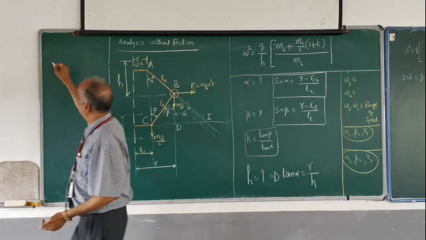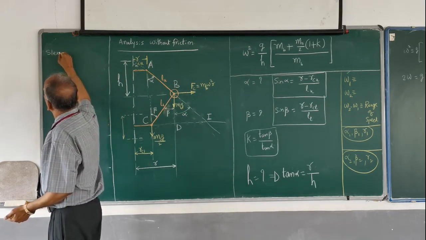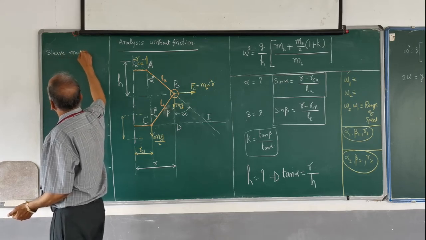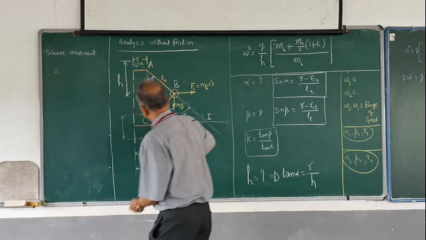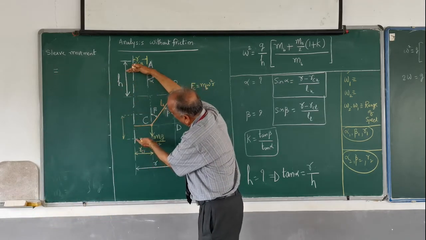So the sleeve movement, or sleeve displacement, is equal to the distance from here up to the lowest position.